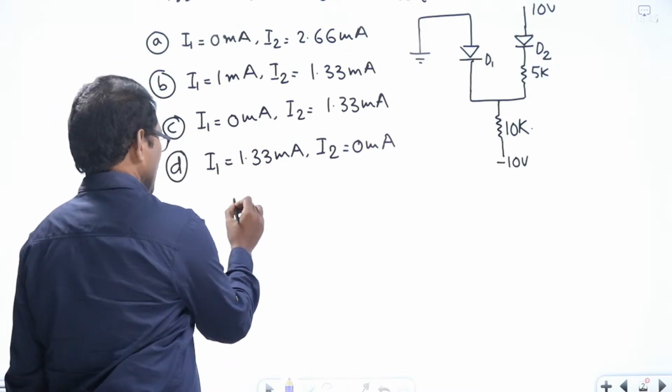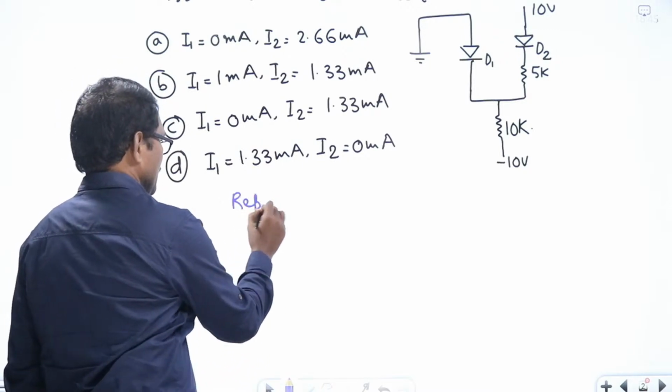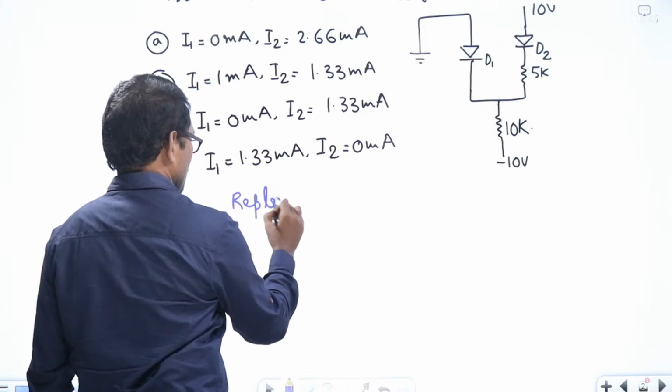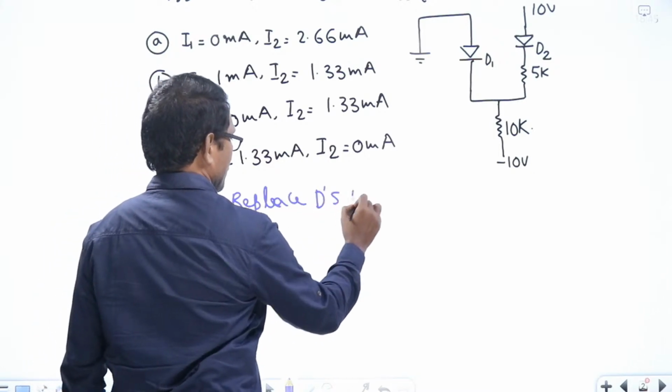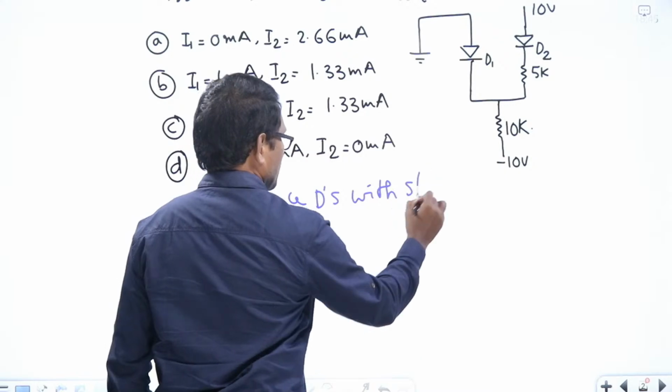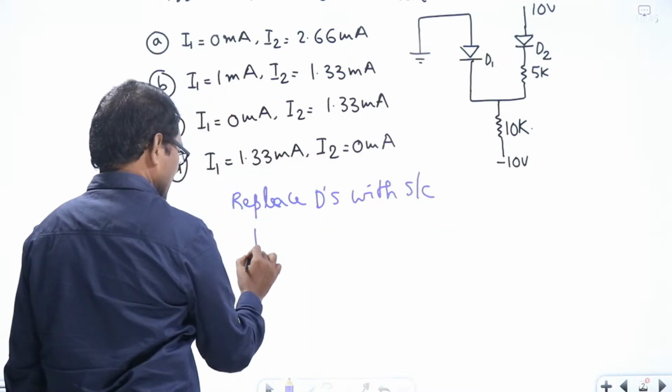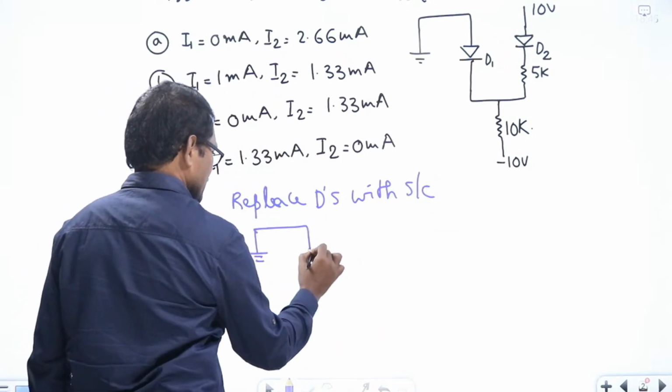Replace the diodes with short circuit. Now the equivalent circuit is like this.